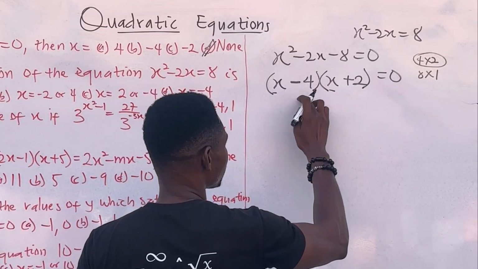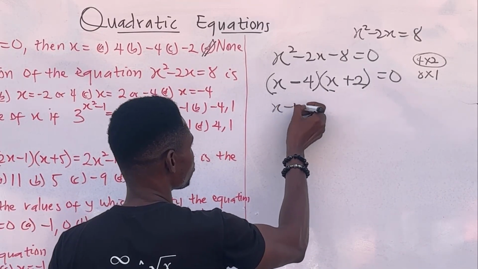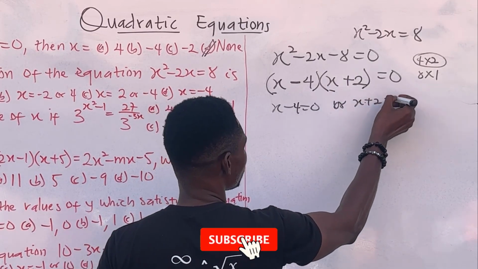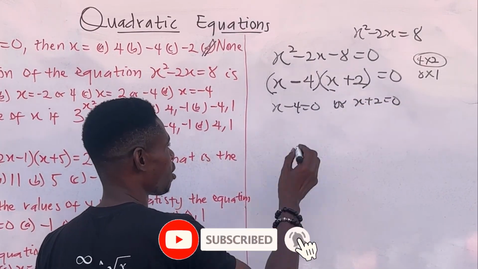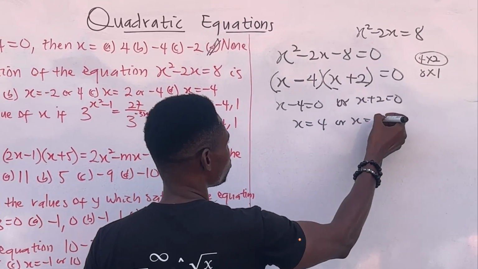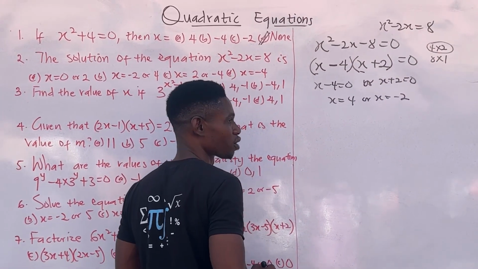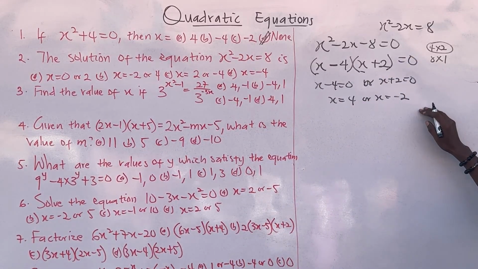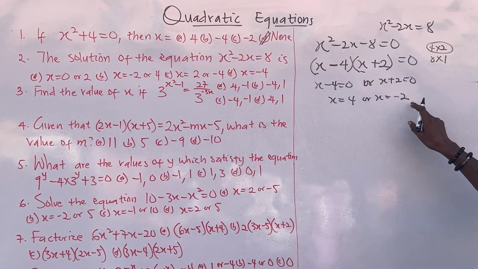So remember, if a product is equal to 0, either the first x minus 4 equals 0, or the second x plus 2 equals 0. And from here, x equals positive 4 or x equals negative 2. We've explained this already, so I don't think we should be wasting time here again. So it is positive 4, negative 2.